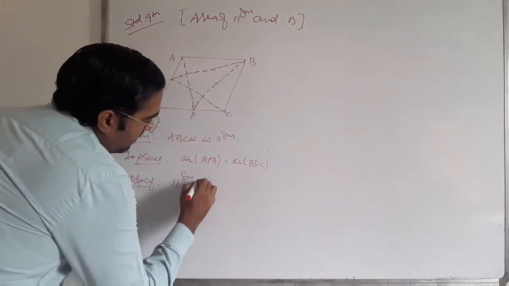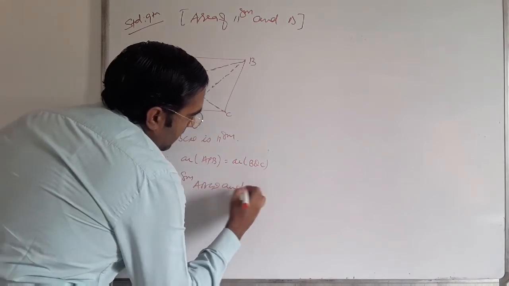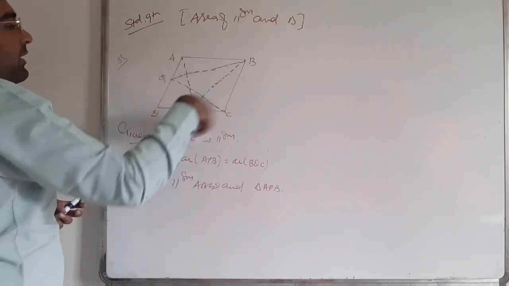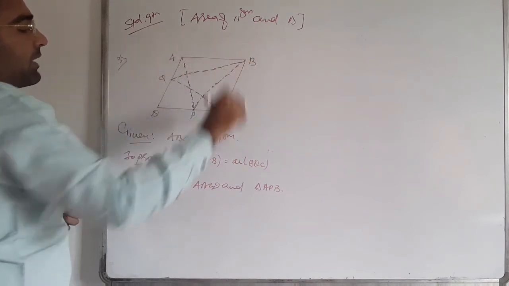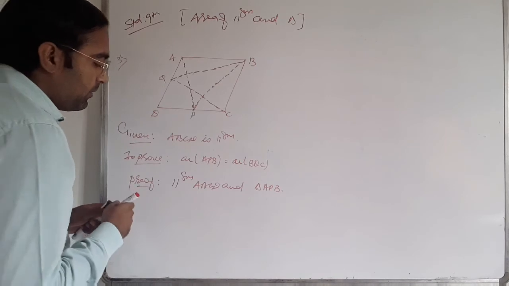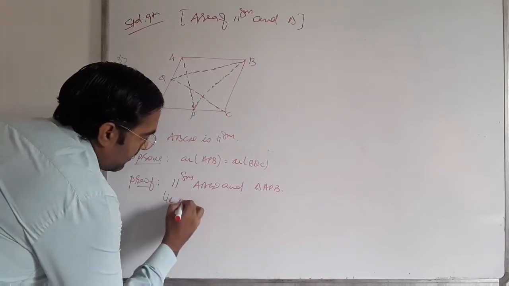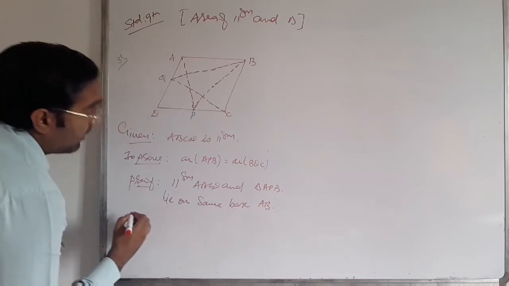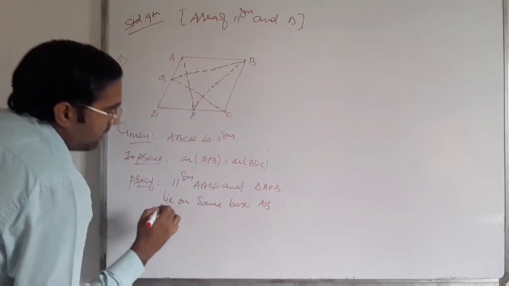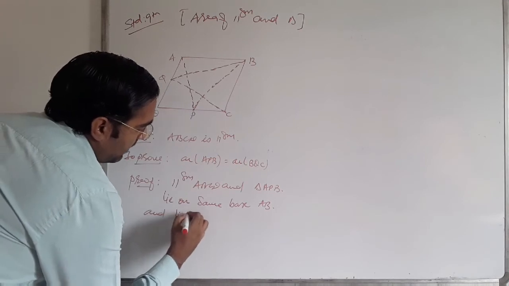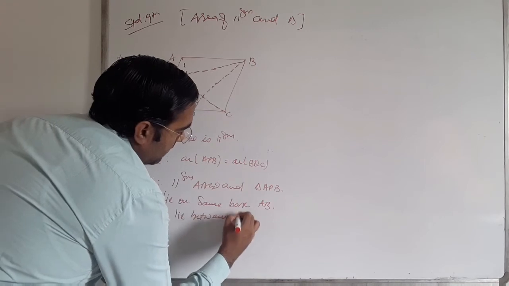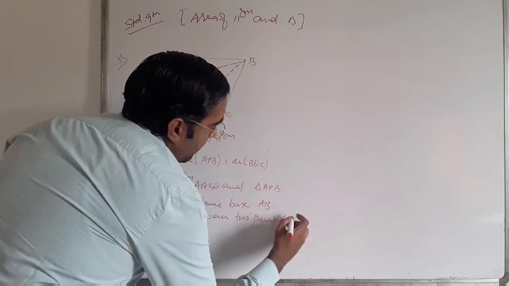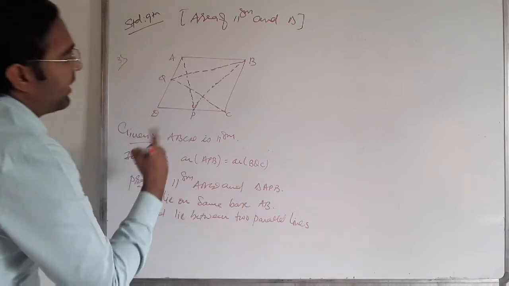Parallelogram ABCD and triangle APB lie on the same base AB, and lie between two parallel lines, that are AB parallel to CD.